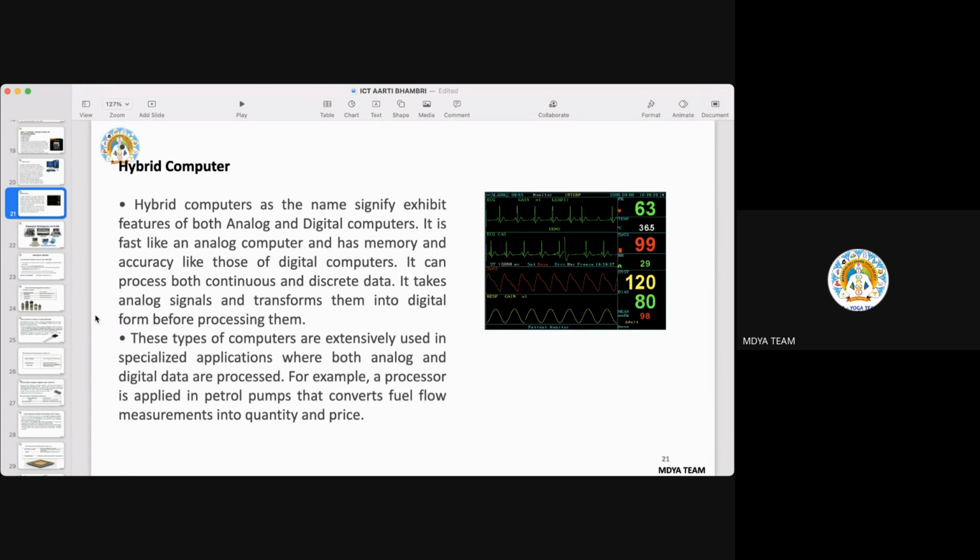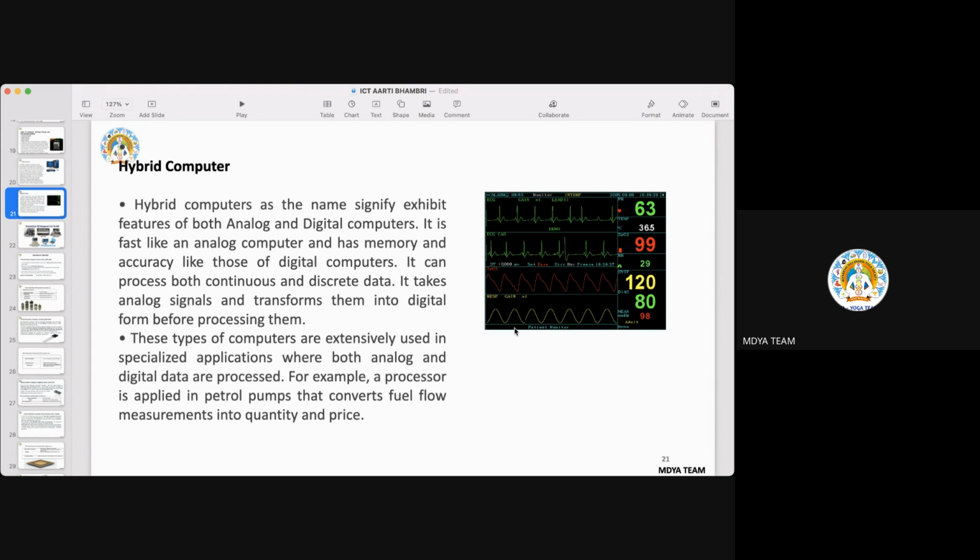The process is continuous within your body, right? The heart is beating continuously, and your breathing is continuous. So they convert it into some digital numbers, and also the pattern.